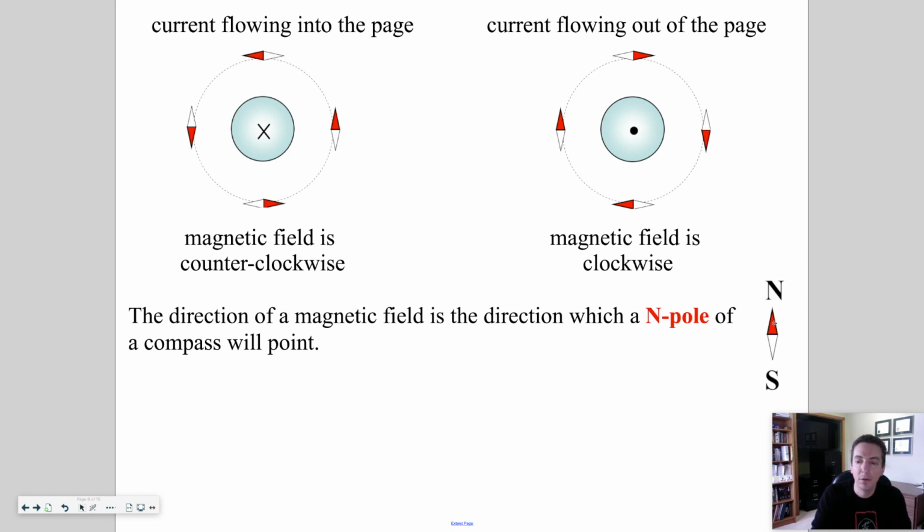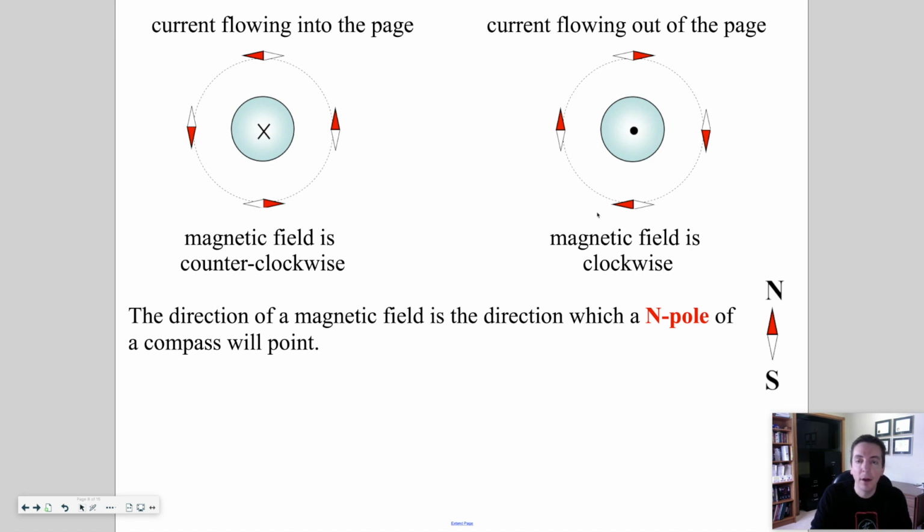Here it's pointing to the left, here it's pointing to the bottom of the page, here it's pointing to the right, here it's pointing towards the top of the page. So the circular magnetic field line represented by these different compass needles here is directed in a counterclockwise fashion.